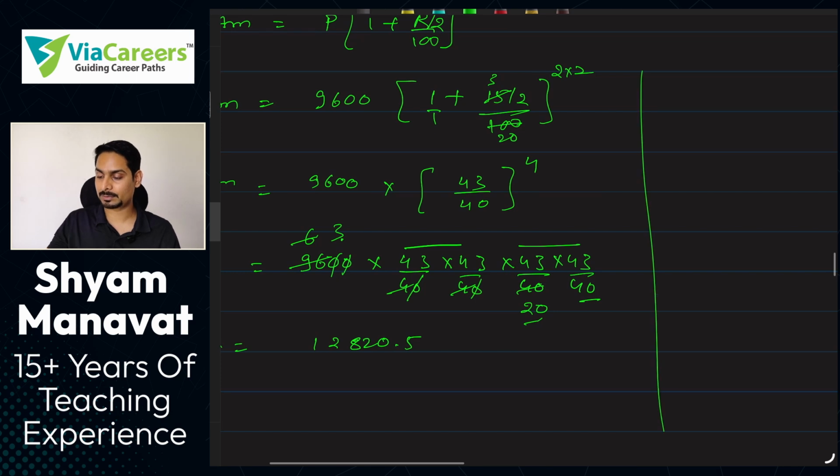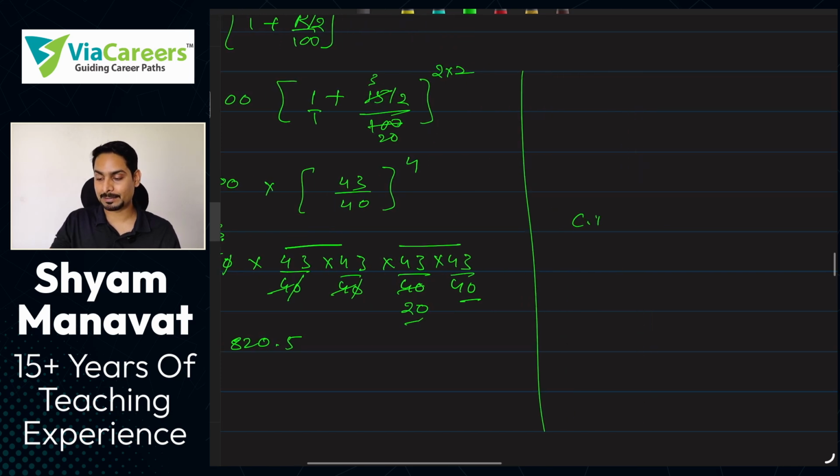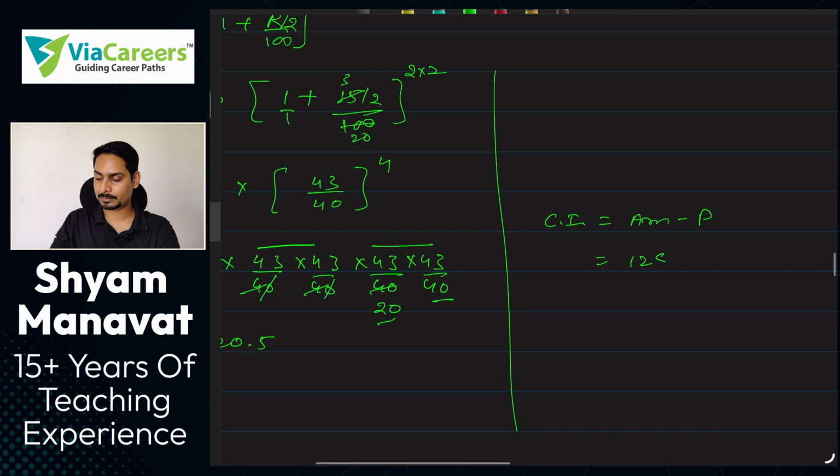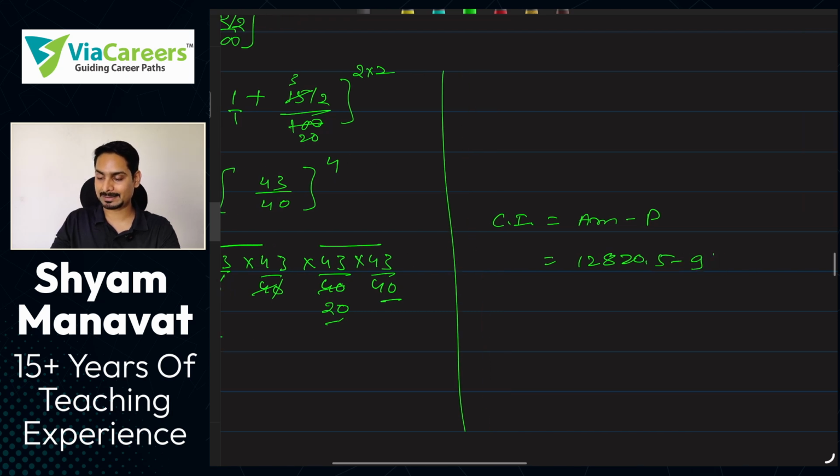This is not the answer. The question is to find the interest value. So the compound interest here will be amount minus principal. Our amount is 12820.5, minus the principal we got as 9600.